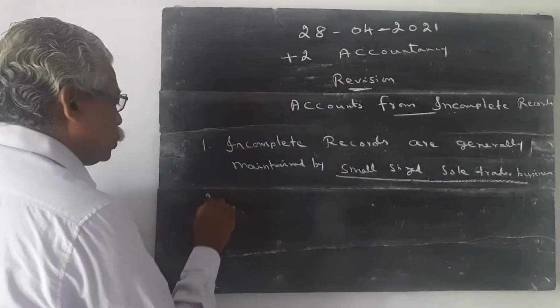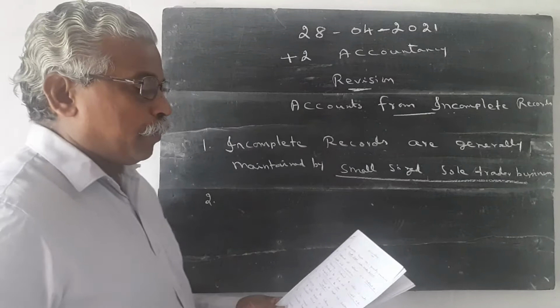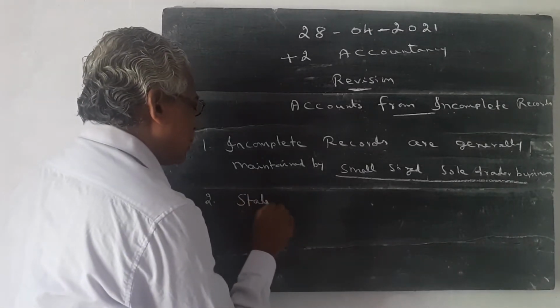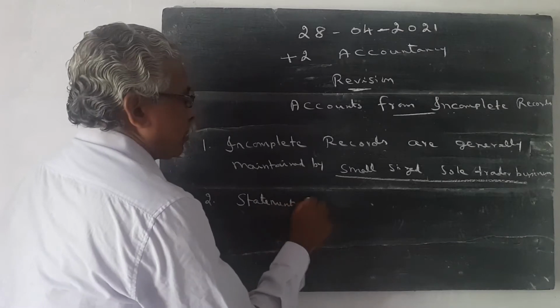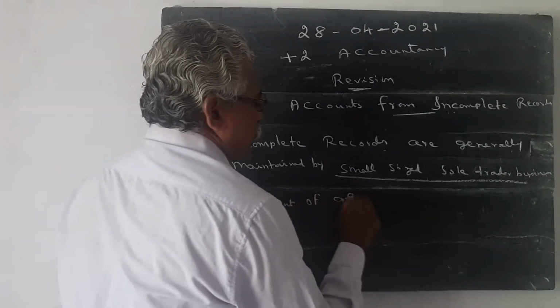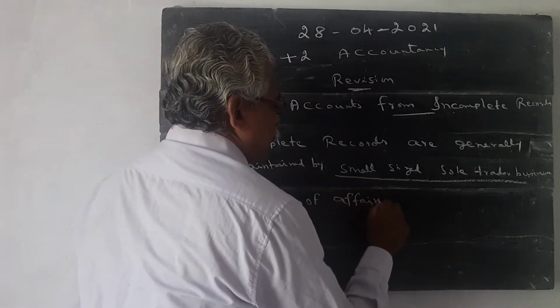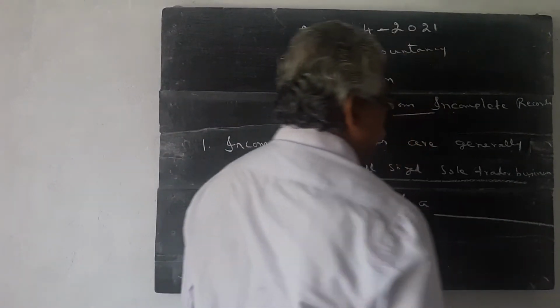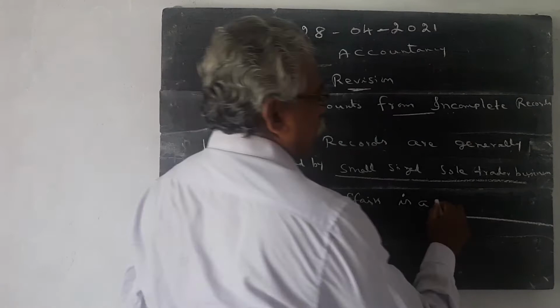Then question number 2, statement of affairs is a dash. Statement of affairs is a dash statement of assets and liabilities.